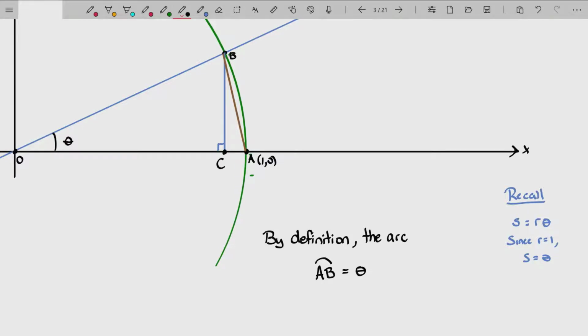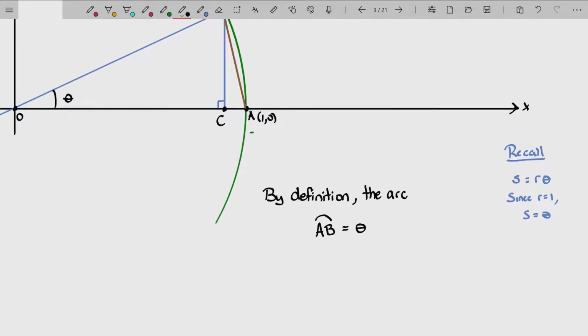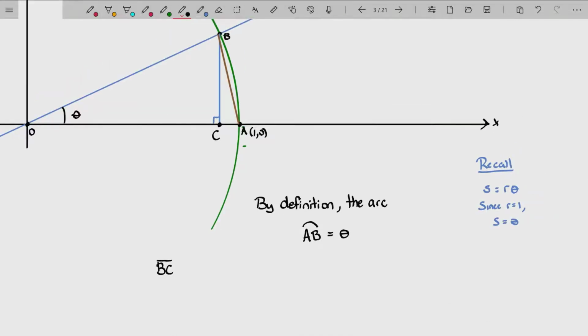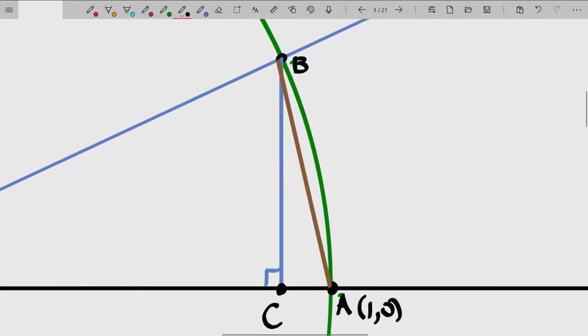We don't know what that point is, and it doesn't really matter right now. Note the length of the altitude from B to C. I'm talking about this length right here.